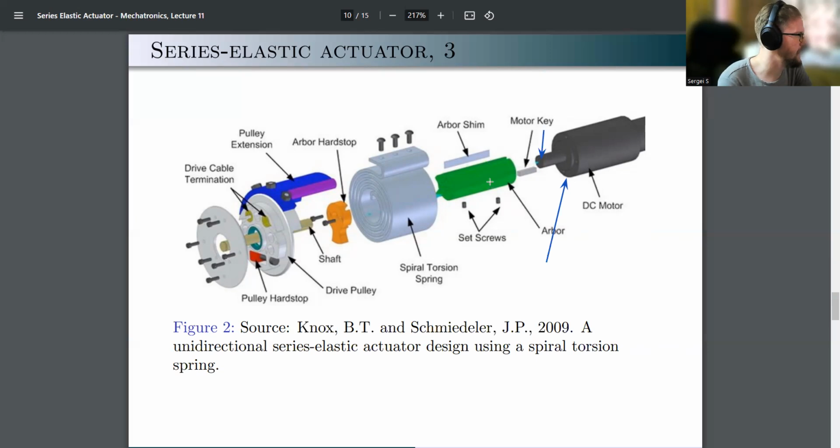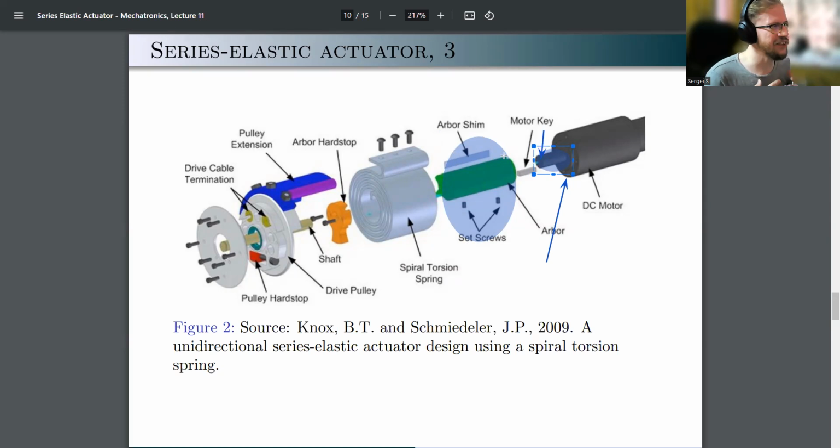Here, I would avoid terminology, especially since some of it I don't even remember. But basically, here you have connecting elements, stuff that connects the output shaft of the motor with whatever comes next. Because the motors would usually be produced by a separate company from the series elastic actuator.